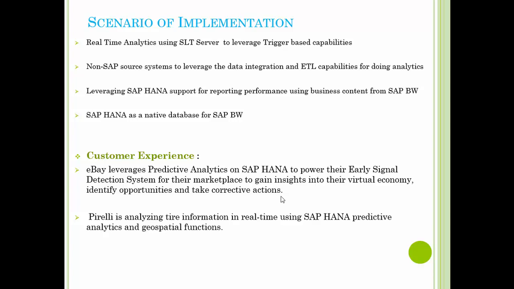Next is Pirelli, which is analyzing tire information in real time using SAP HANA predictive analytics and geospatial functions. That is, Pirelli is trying to analyze tire information with respect to its sales and distribution. So, real-time data about sales and distribution of tires across the world is analyzed and reported using SAP HANA very quickly.